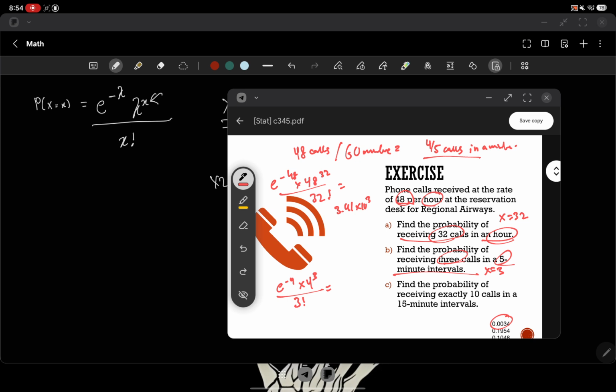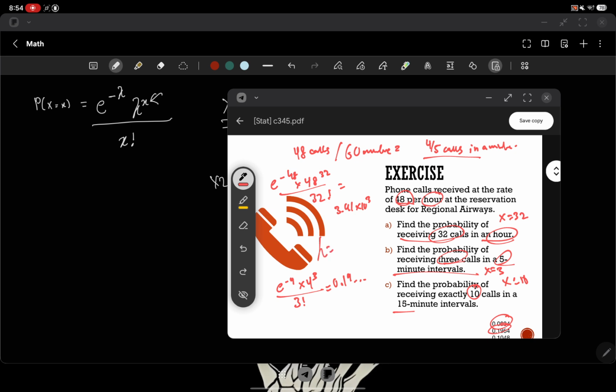This is how we need to calculate. We need to understand the question first before we proceed with the calculation. So the answer would be 0.19 and so on. Next, 10 calls, so x is 10, in 15 minutes.